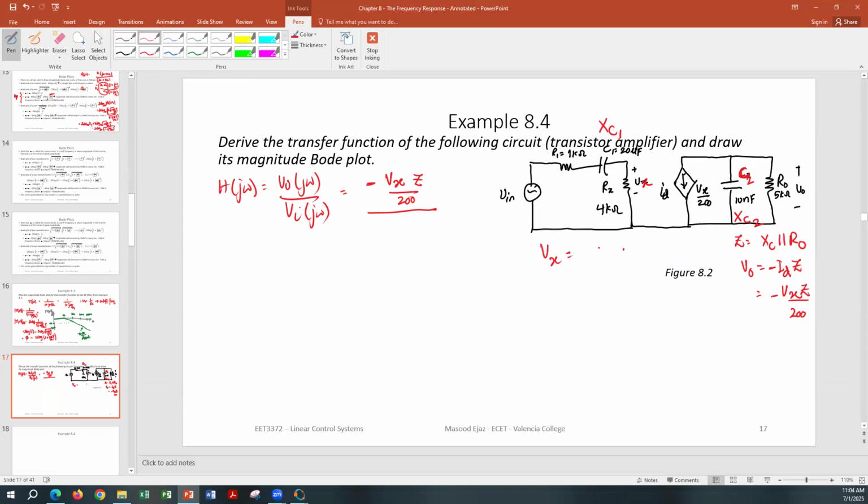So Vx is equal to R2 over R1 plus R2 plus XC1 times V input, and V input is equal to Vx times R1 plus R2 plus XC1 over R2.